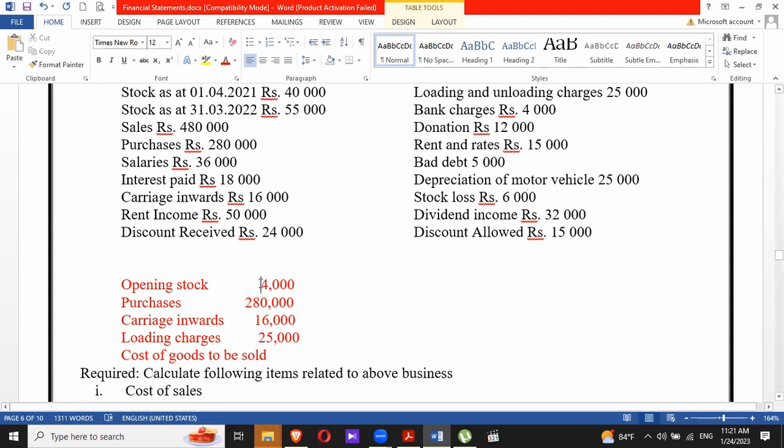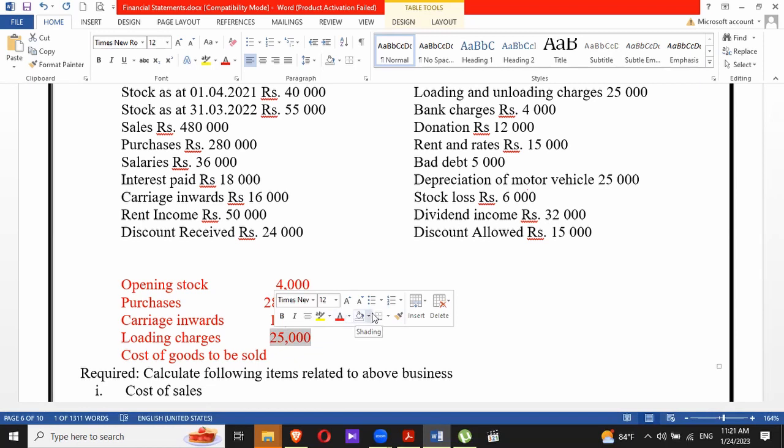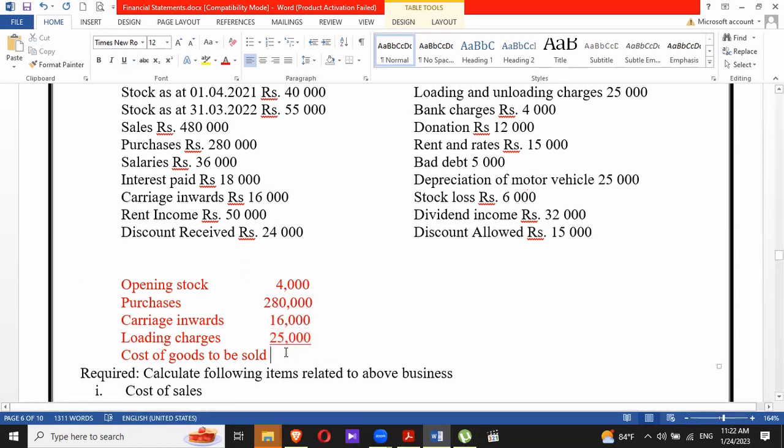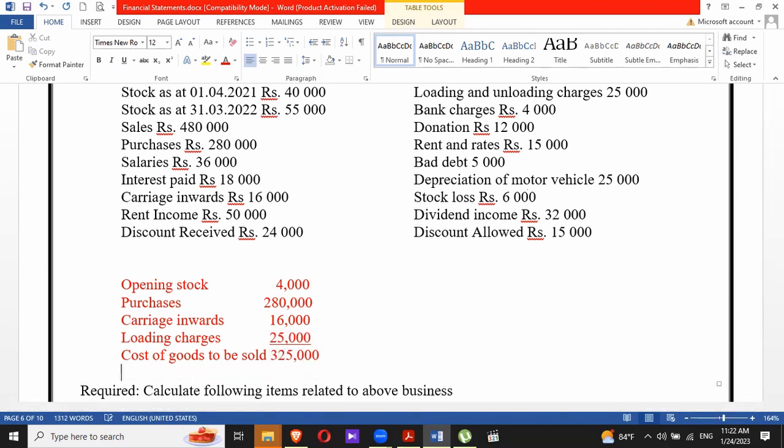Right, now we can take the answer for the summation of these four figures: opening stock, purchases, carriage inwards, and loading expenses. The summation of these four, we can call cost of goods to be sold.